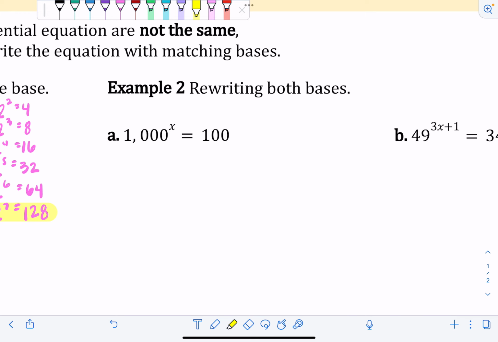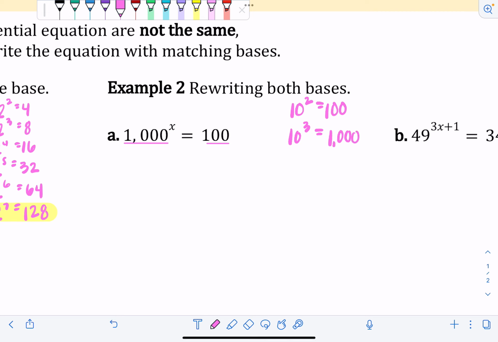But the reason we have to rewrite both is because I can't take 100 and raise it to an exponent to get 1,000. It would take me too far. But both of these, 1,000 and 100, are powers of 10. 10 squared is 100, and 10 to the third power is 1,000.